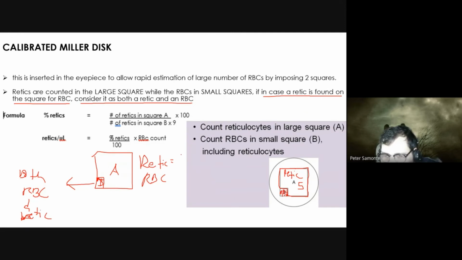Ang RBC, ilan? Bakit 10? 11. Kasi nga, di ba, if you found a reticulocyte sa RBC square nyo, you would count it as both RBC and reticulocyte. Okay? Counted siya as RBC and retic. Okay?